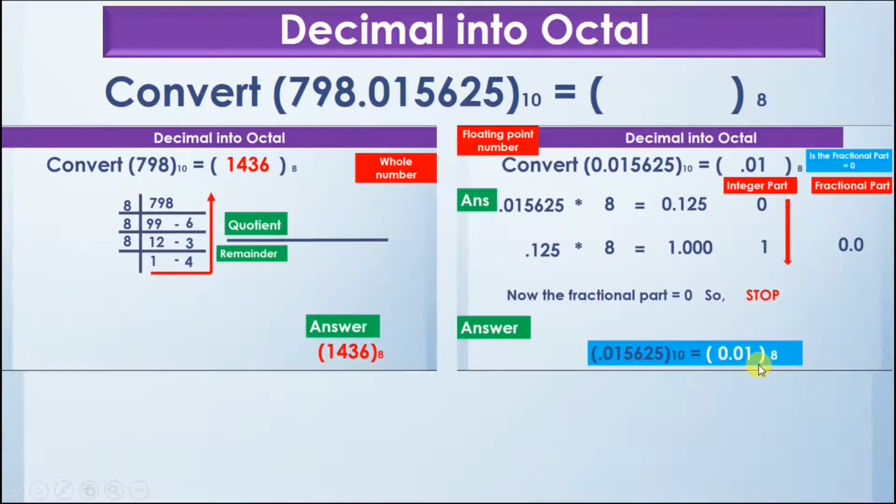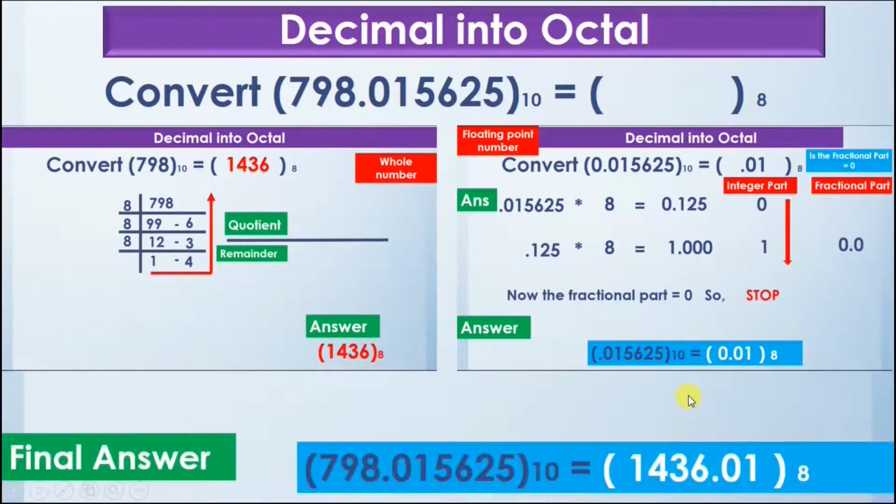Again, I will not explain the procedure because we have already done it and we do not need to do it again. Once we calculated the answer of 798, that is 1436, and the answer of the floating point, that is 0.01, we will calculate the final answer by combining both answers.